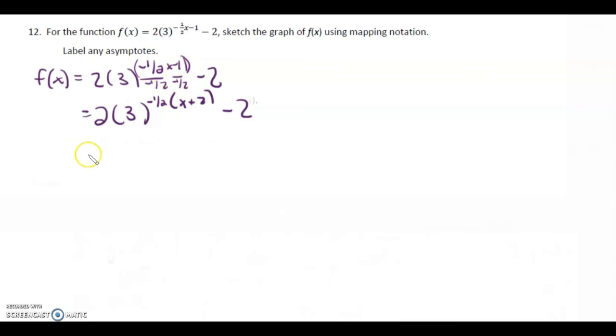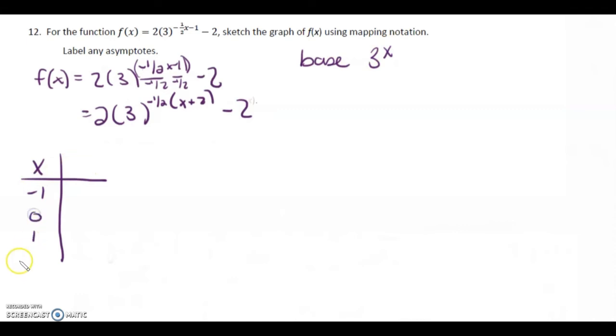Yep, that's good. So our base graph is 3 to the x, okay? So we're going to have -1, 0, 1 for the x's, and the horizontal asymptote. Then for the y's, we're going to have 1/3, 1, and then 3. It's not 0, I always do 0, but it's 1. The horizontal asymptote is y equals 0.